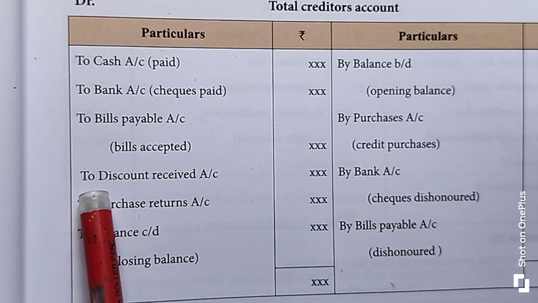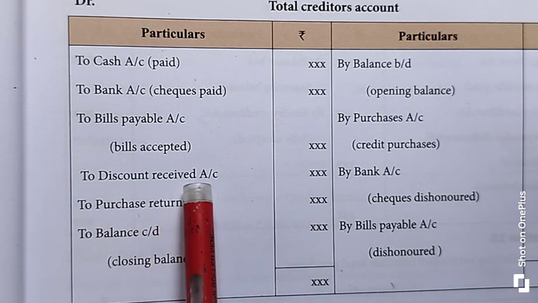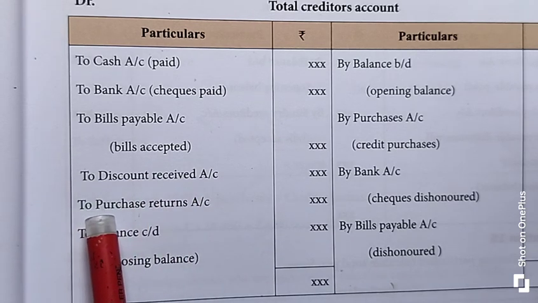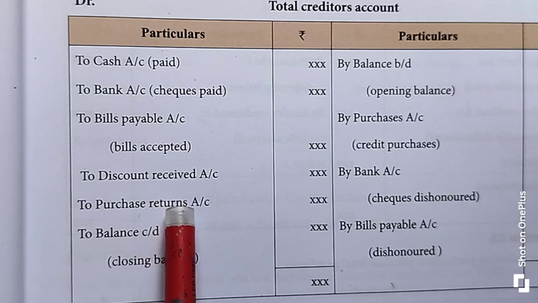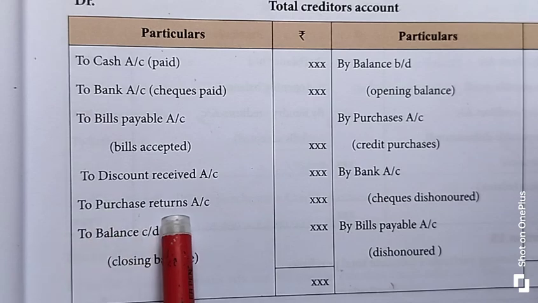Then you received discount from your supplier, so you have to write to discount received account. And here you returned goods to your supplier, so you have to write to purchases return account.